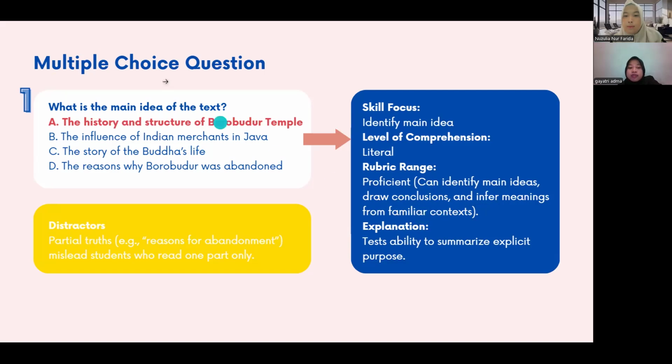And from the main idea here, it's clear enough that it assesses whether students can identify the main idea, because the question states the main idea. And the test also assesses the ability to summarize the explicit purpose of the text.